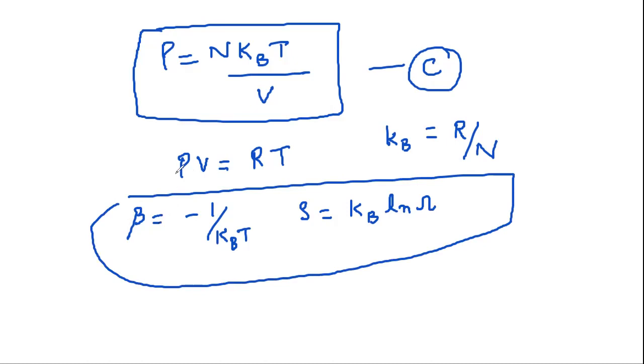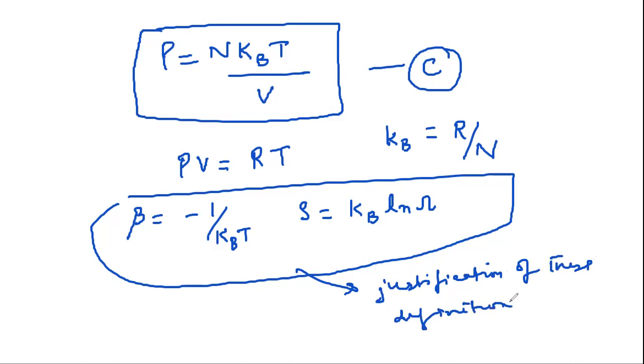We arrived at equation C, pressure of the Maxwell Boltzmann gas, which is same as ideal gas, PV equals RT with kB equal to R by N. So it simply justifies these definitions, right?